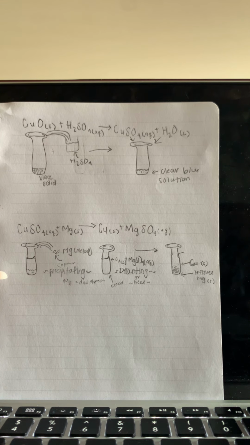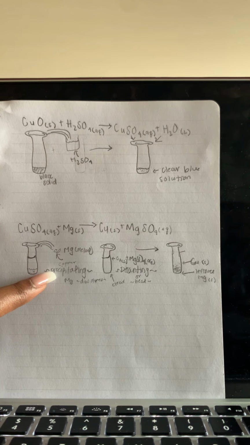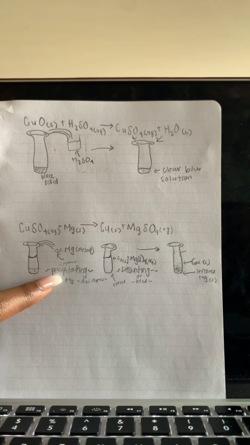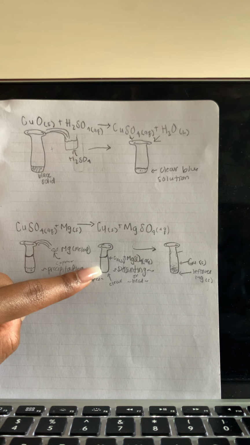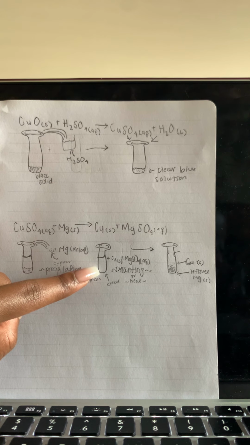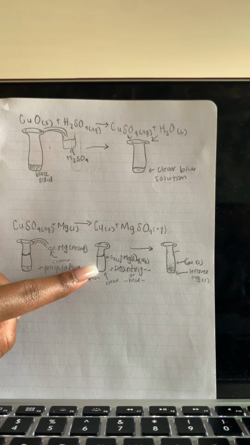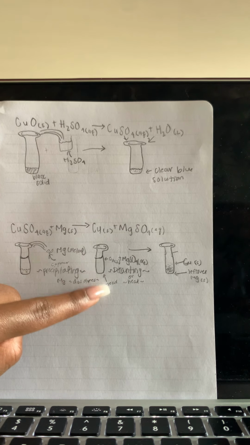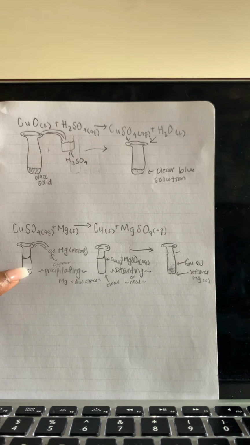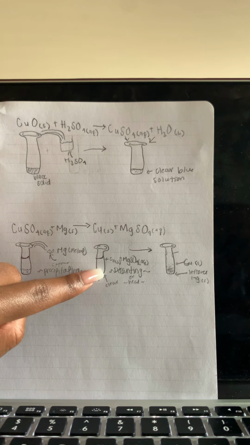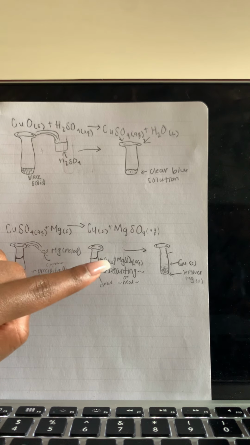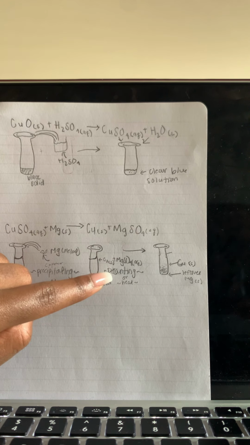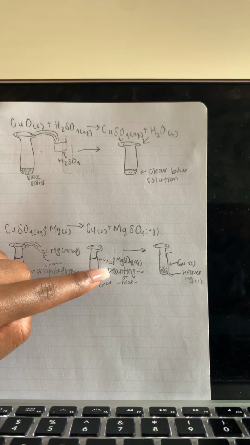The copper solid starts to precipitate out, and the magnesium dissolves as magnesium sulfate, which is aqueous. Here we have it, and it's clear now. So it goes from a clear blue solution to clear, and then the solution gets decanted, or you can heat it to get the liquid out.